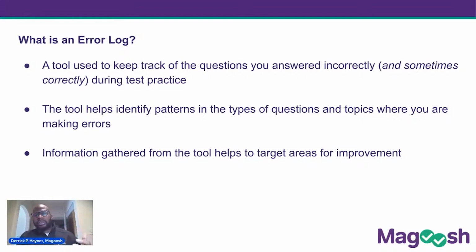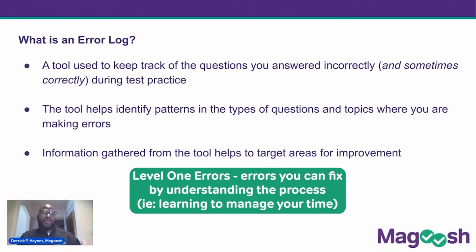Those are like level 1 errors. Those are errors that you can fix by having a process that makes it possible for you to take a moment and learn more about how to manage your time on testing.